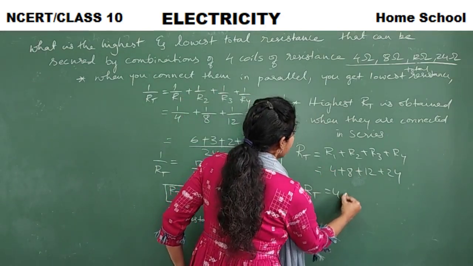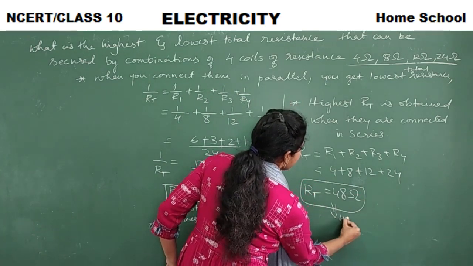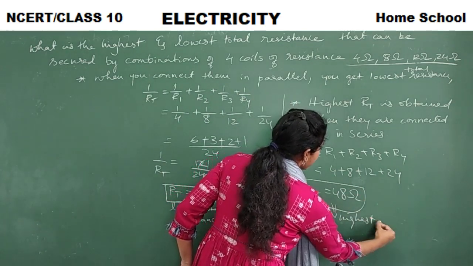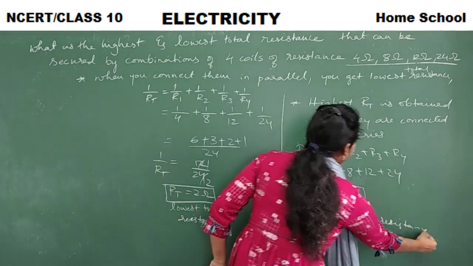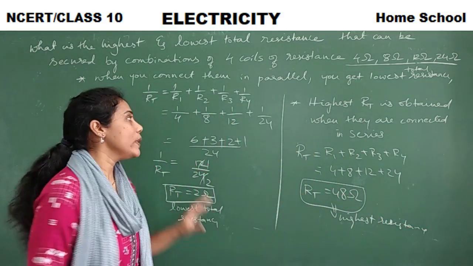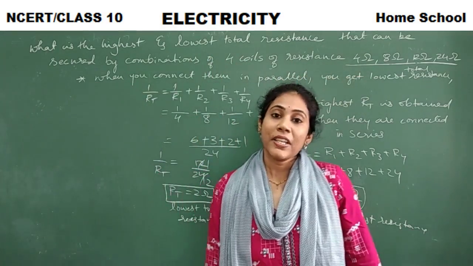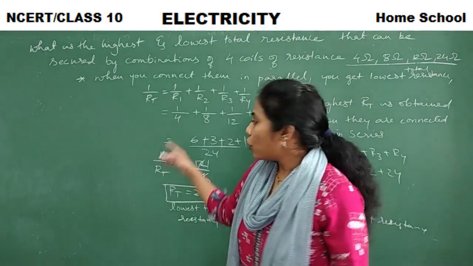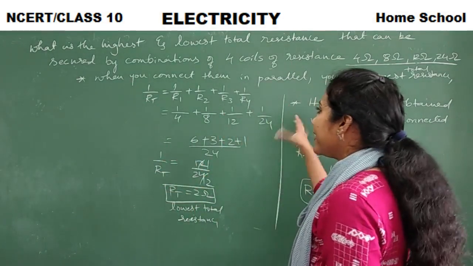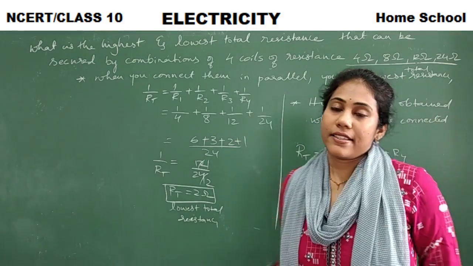So R total is equal to 48 ohms, and this is your highest resistance, right? So this is how you have to calculate the highest and lowest resistance if the resistances of the resistors are given. You will get the highest resistance only when they are connected in series. You will get the lowest resistance only when they are connected in parallel. So apply the formulas and show the answers.